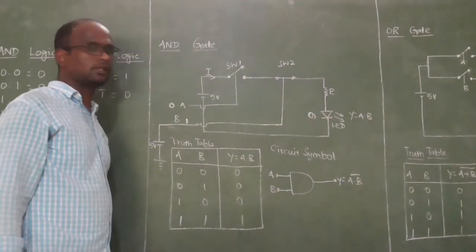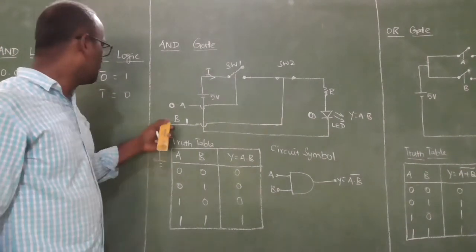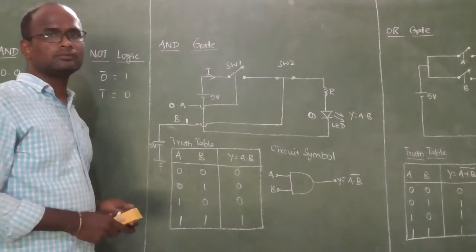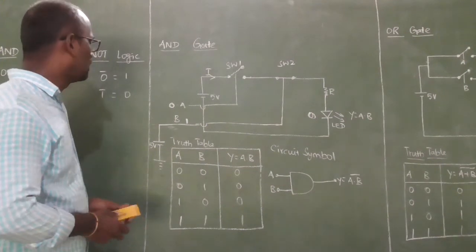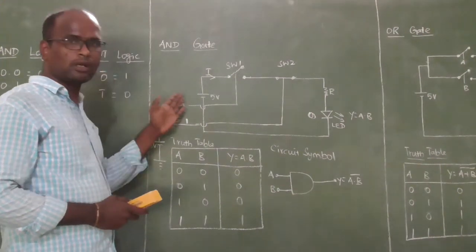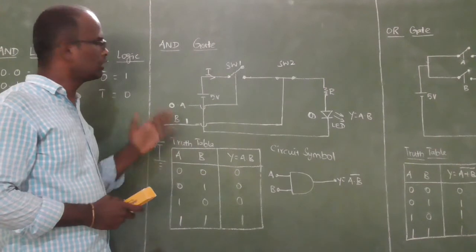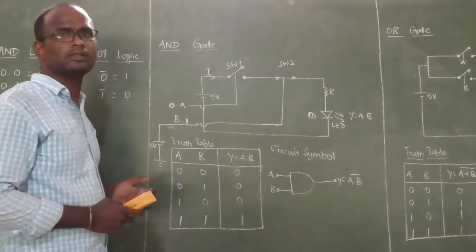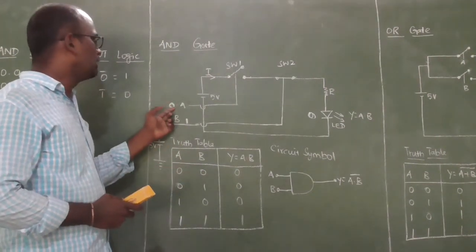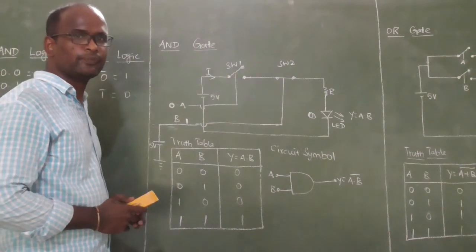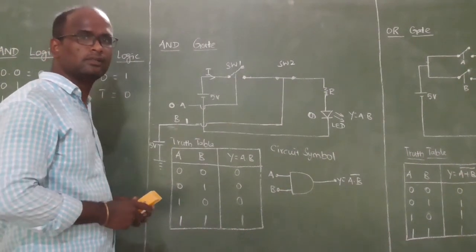Understand? So here, how to apply logic 1? Logic 0 means we are not applying any voltage to that input, therefore there is no current. Understand? So it is considered as logic 0. But how to apply a current?